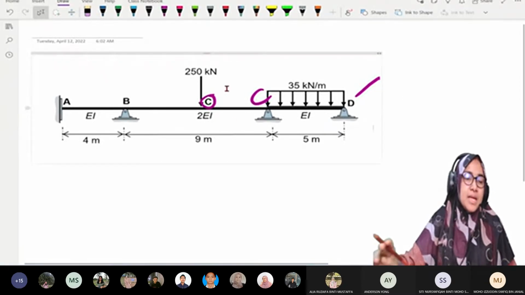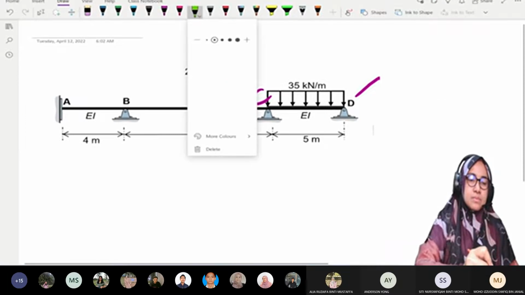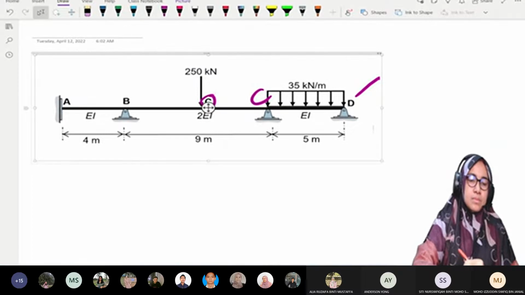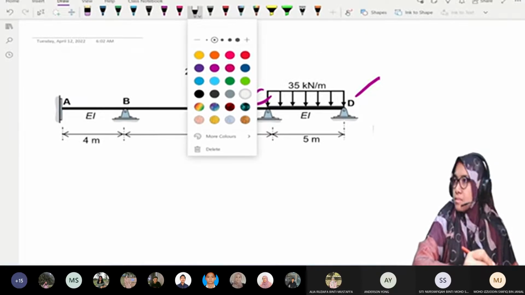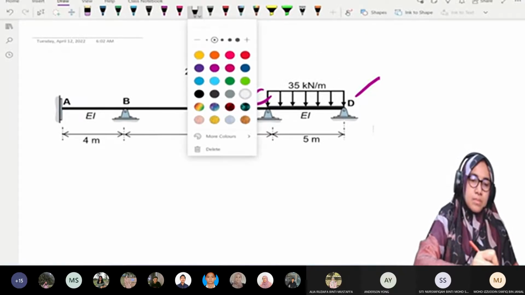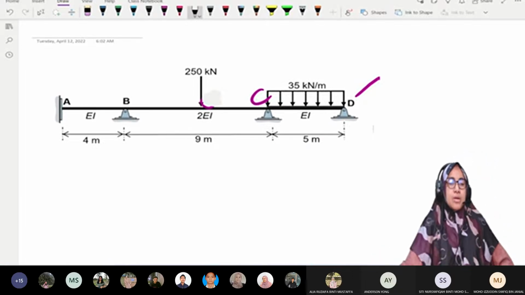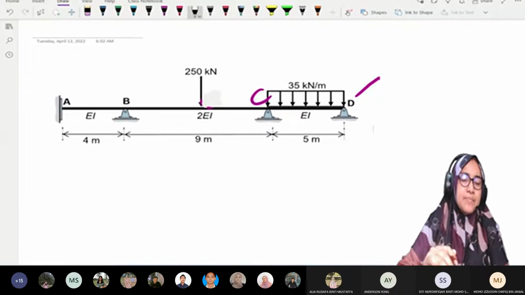Bukan dekat sini ya, ni saya padam. Okay, we have A, B, C and D.